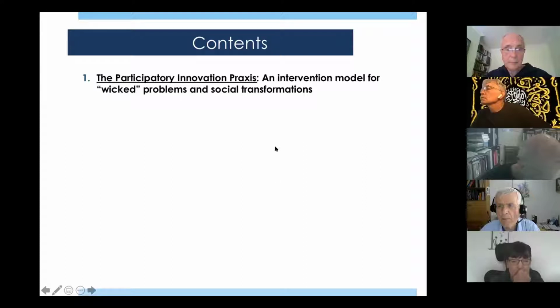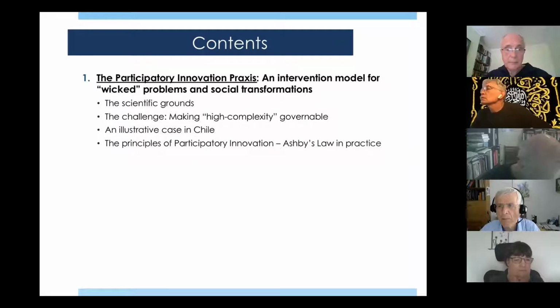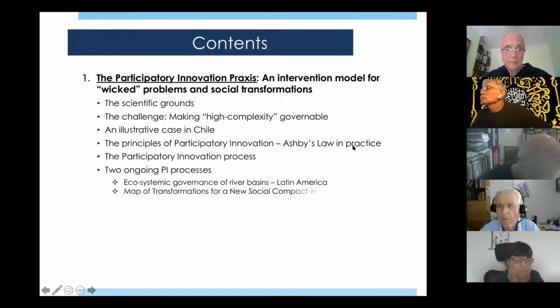This is an intervention model for wicked problems and social transformations. Scientific grounds, the challenge, making high complexity governable, an illustrative case in Chile, principles which apply Ashby's law, the process to ongoing participatory innovation processes. And then I will talk about the tool.